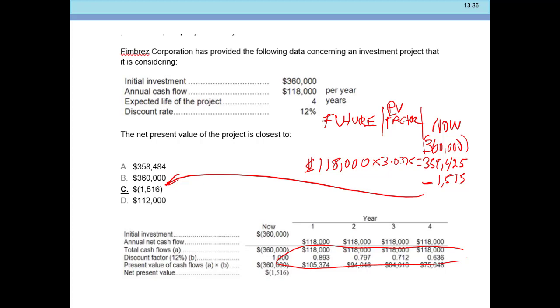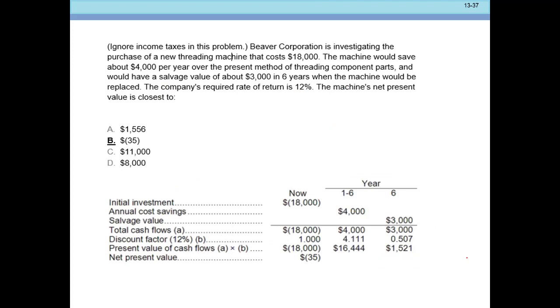Okay, good. Let's go ahead then and look at another one now. And this is another net present value calculation. This corporation is investing in the purchase of a new threading machine that costs $18,000.